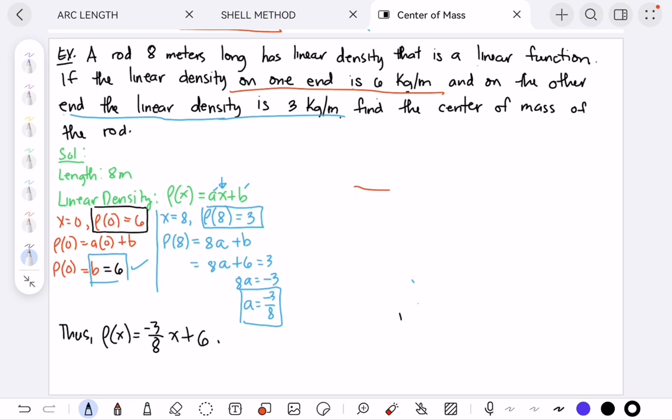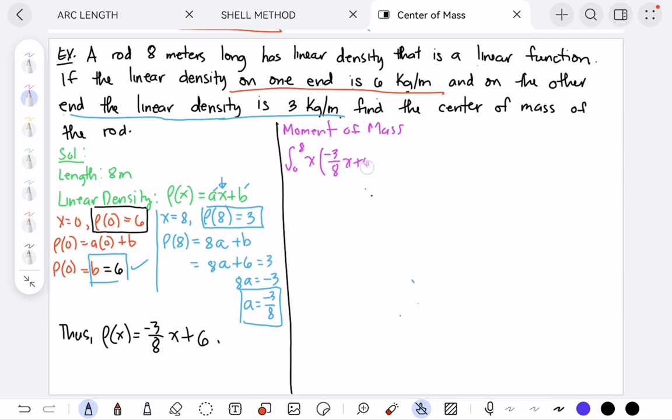Now to find the center of mass, it's actually the problem. Finding the center of mass, we need to find the moment of mass. So let us start there. The moment of mass is given by the integral from 0 to L, the length is 8, of x times the linear density, which is negative 3/8 x plus 6, dx.